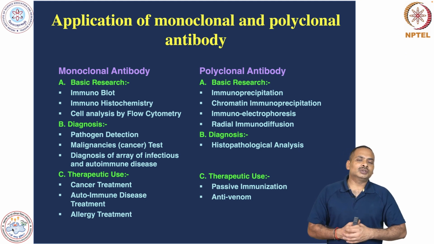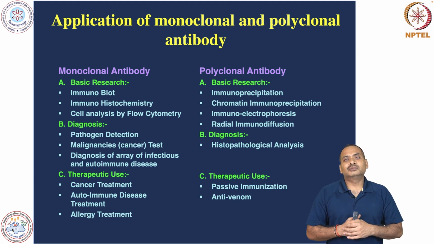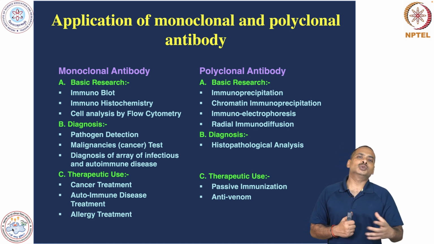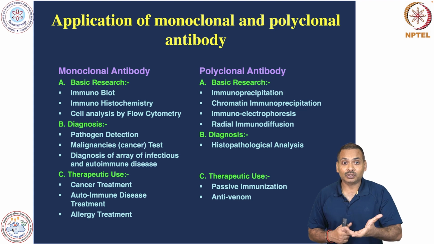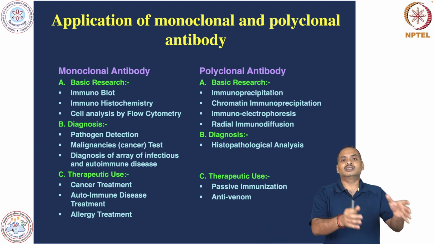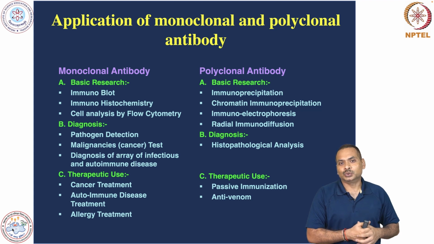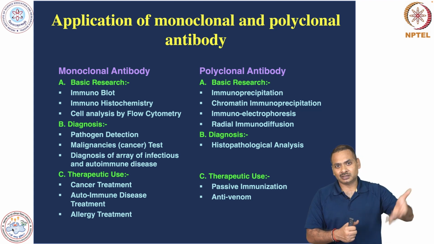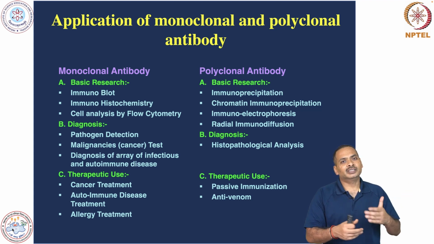But I know that there are some companies that made a mouse which can make a human antibody. They cloned the whole chunk of DNA in the mouse. They replaced the antibody-encoding gene segments.